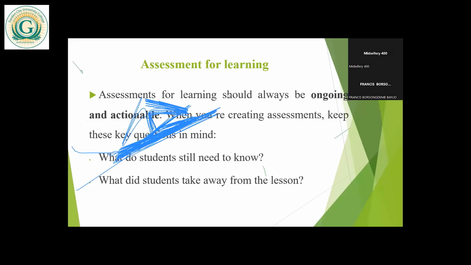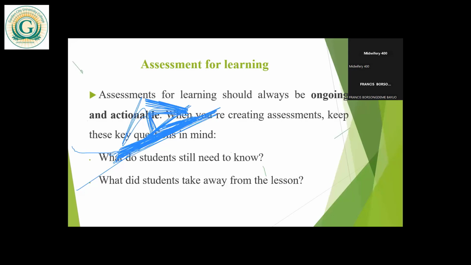So assessment for learning. That one is ongoing and it is actionable. That means it is an action. So assessment for learning is still an ongoing process and it is an action. So what we are saying is that if we are creating an assessment for learning, it is in the process.